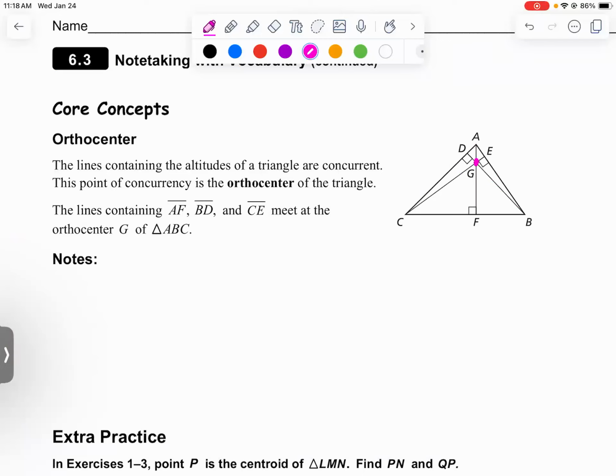Now, here's the crazy thing. These could meet inside or outside of your triangle. Okay, so I'm going to attempt to draw a picture of when they meet outside. This is the one point of concurrency that might not be inside your triangle.